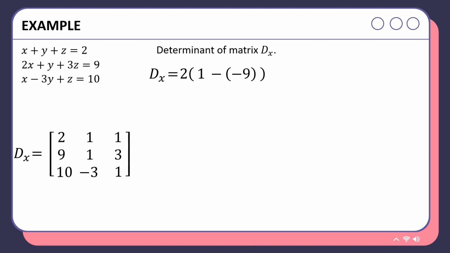Next to cover, we have 2, 1, 1, and -3. Minus, we copy 1 times 9 times 1 is equal to +9 minus 3 times 10 is equal to 30.